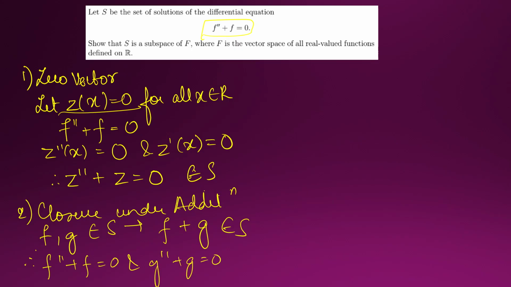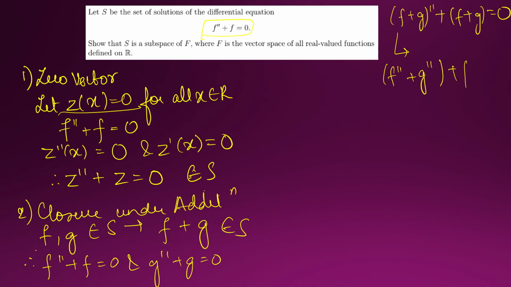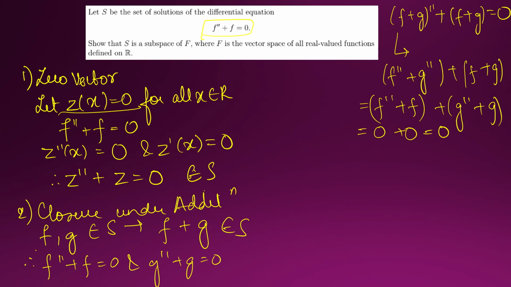We have to prove that (f plus g) double dash plus (f plus g) is equal to 0. Therefore, we can write this as f double dash plus g double dash plus f plus g, which is (f double dash plus f) plus (g double dash plus g). So 0 plus 0 will be equal to 0. Therefore, f plus g belongs to S.